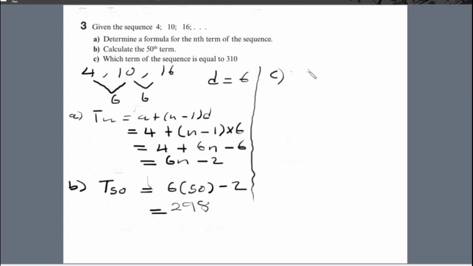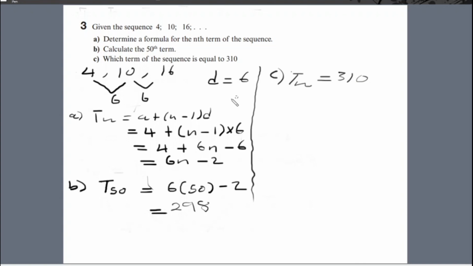So lana bafuna i-position, ngamanye amagama bafuna u-n. So in our formula ya Tn sizothi sifuna ukwazi ukuthi which term is equal to 310, right?